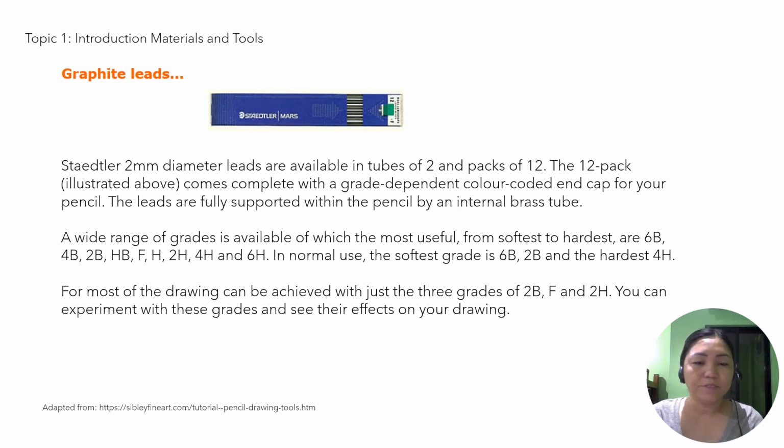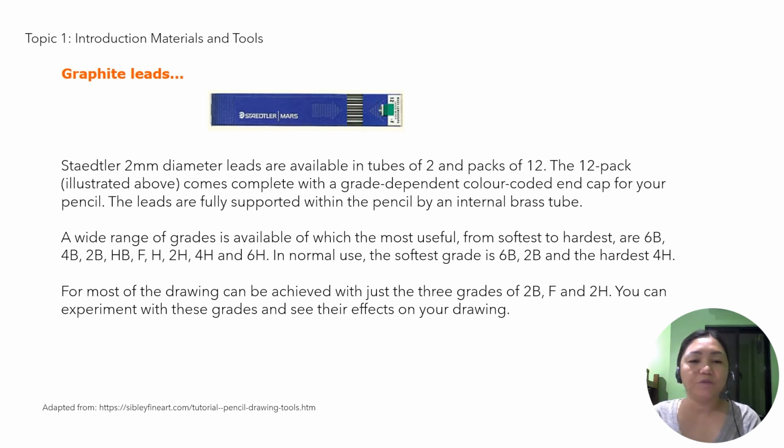Graphite leads. Staedtler 2 mm diameter leads are available in tubes of 2 and packs of 12. The 12 pack, as illustrated above, comes complete with a grade-dependent color-coded end cap for your pencils. The leads are fully supported within the pencil by an internal brass tube.